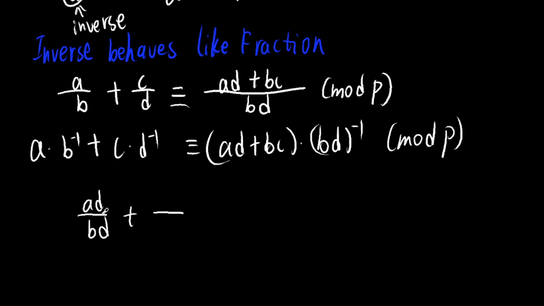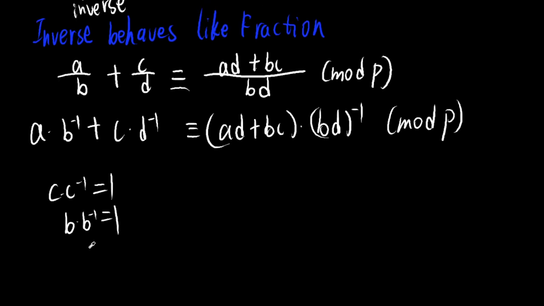And similarly, in modular arithmetic, we do the same thing, because d times d's inverse is equal to 1, and b times b's inverse is also equal to 1.